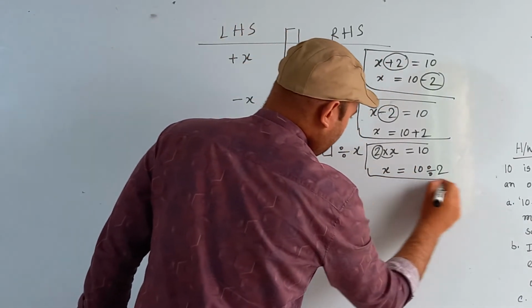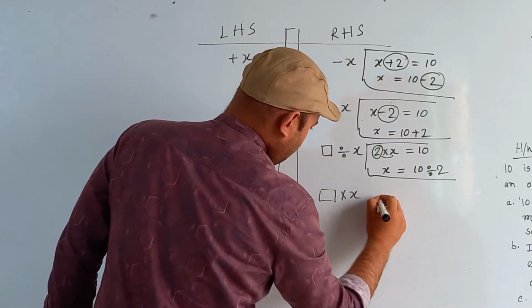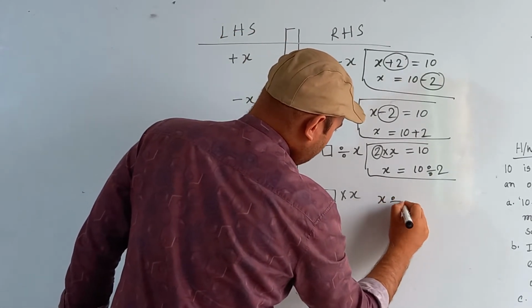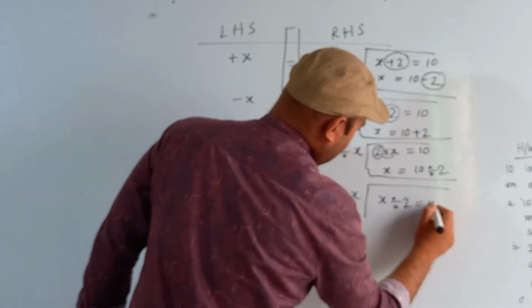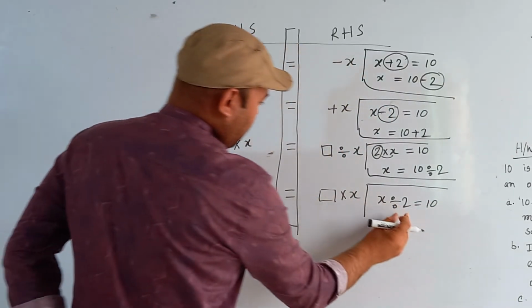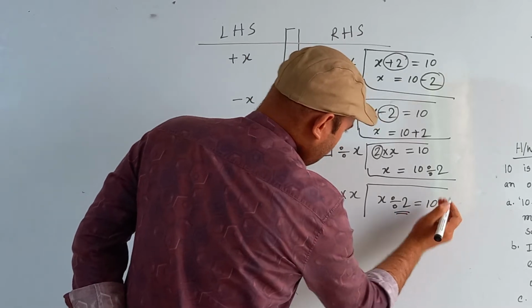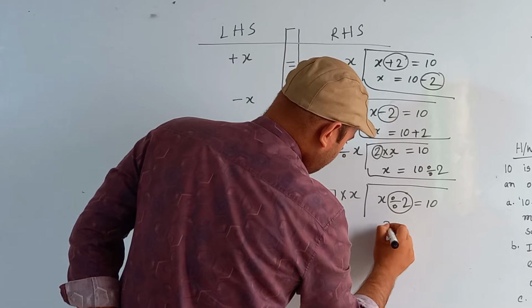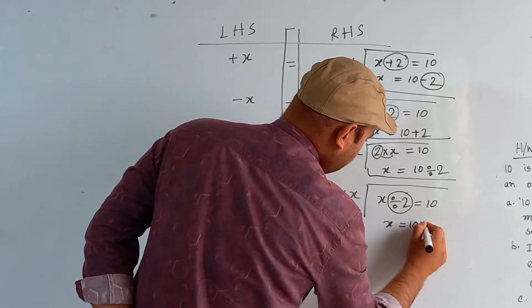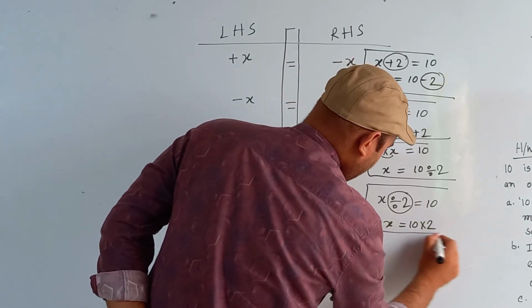And the last one will be, look here, x divided by 2 is equal to 10. If I want to transfer this to the right hand side, it will be x equal to 10 multiplied by 2.